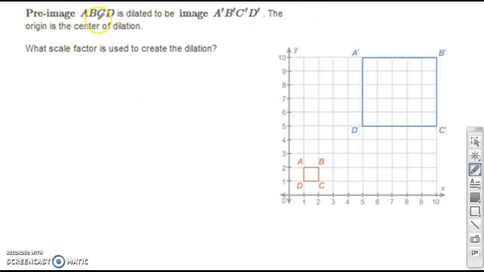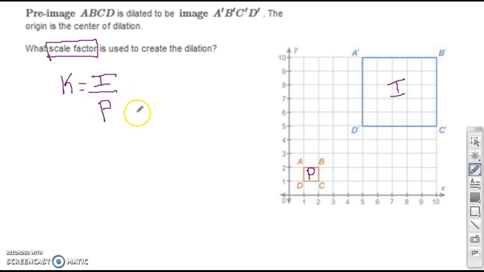All right, so we have the pre-image A, B, C, D. So I'm going to go ahead and label this one pre-image. And then the image is A prime, B prime, C prime, D prime. It's centered at the origin, and we want to know the scale factor. What scale factor is used to create this dilation? So remember, your formula for scale factor is image over pre-image.